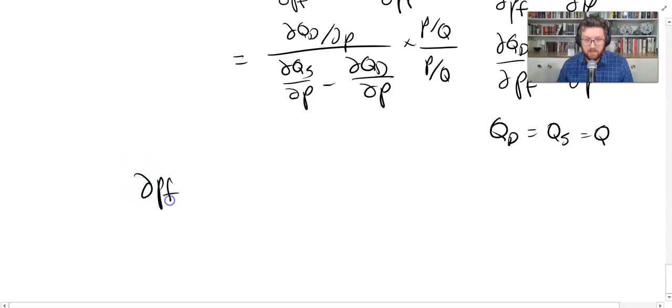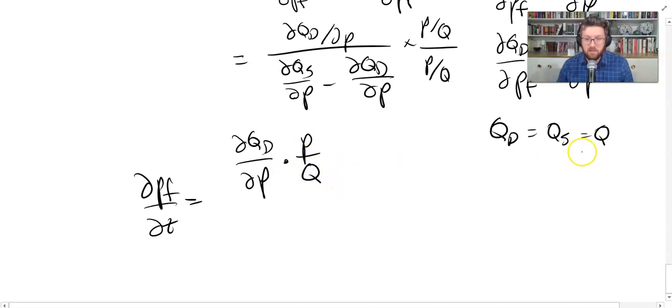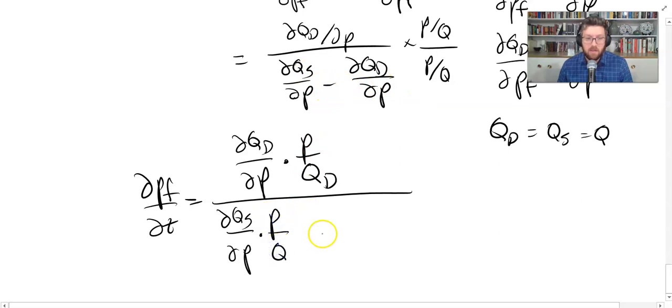The change in the price firms receive when you impose a tax is equal to the change in the quantity demanded, the slope of that line, times P over Q. But since Q is equal to QD, let's change that to QD, divided by the slope of the supply curve when you change the price, times, since we're multiplying by P over Q on the denominator, we can say divided by P over Q. And since Q is equal to QS, let's change this to QS, minus the slope of the demand curve with respect to P times P over Q. But since Q is equal to QD, let's change that to a D.